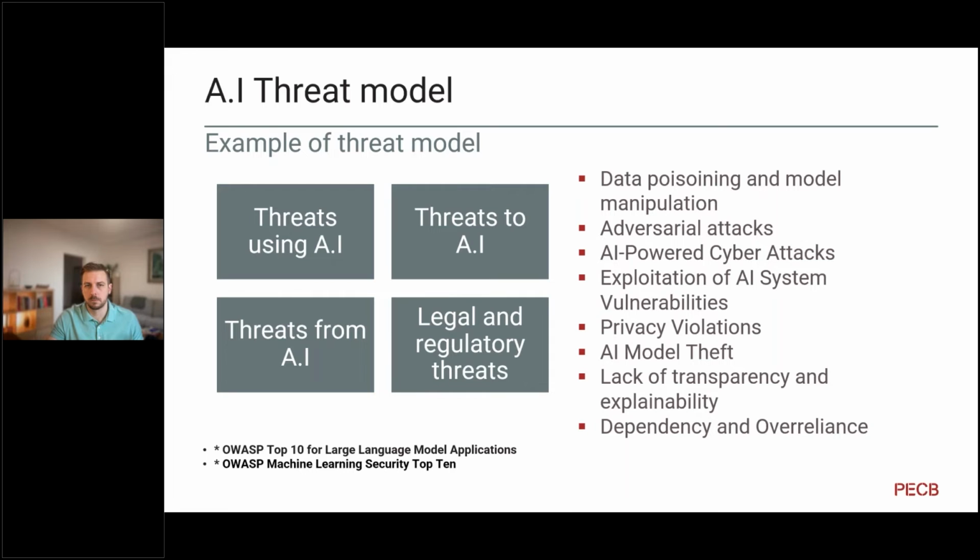Now, the third point is, as with any technology, and we talked about it at the beginning of the webinar, AI can of course be used to empower cybercriminality. So it will enhance the effectiveness of cyber attacks, because AI can be used to automate the discovery of vulnerabilities, optimize malware, and conduct sophisticated social engineering attacks using, for example, audio and video deepfakes.